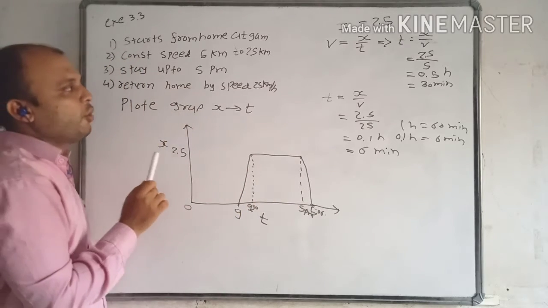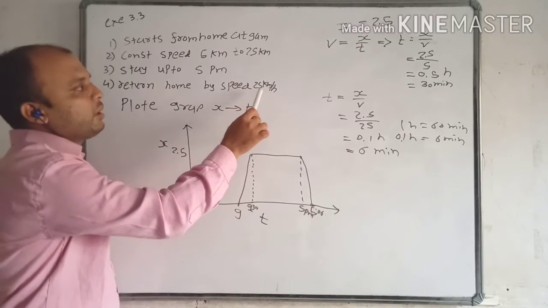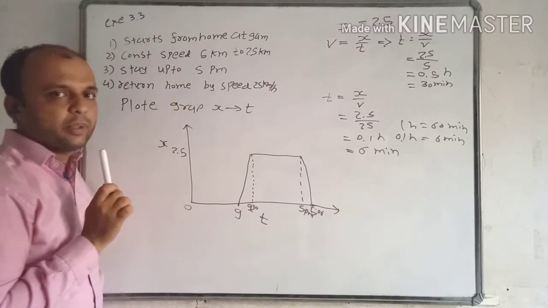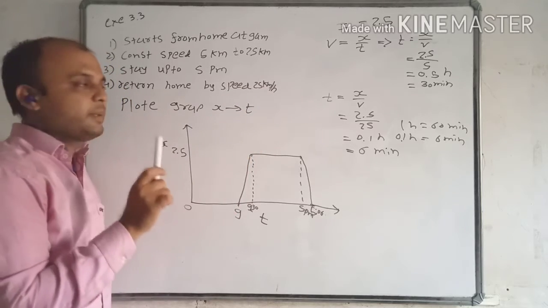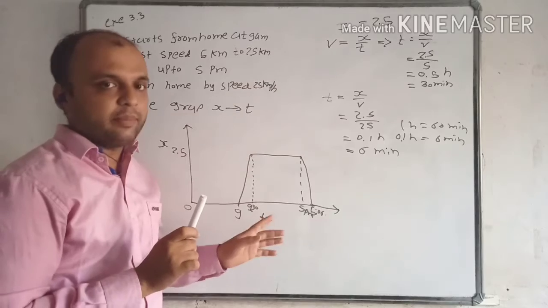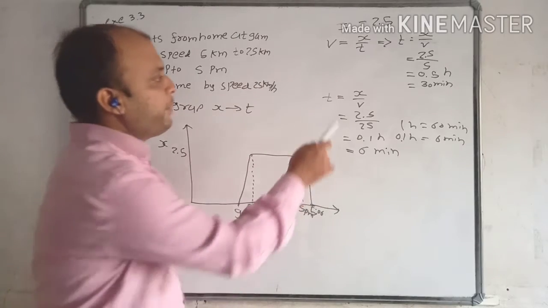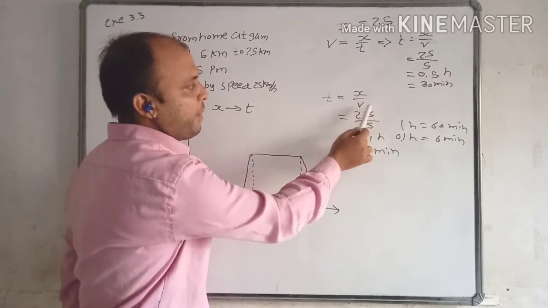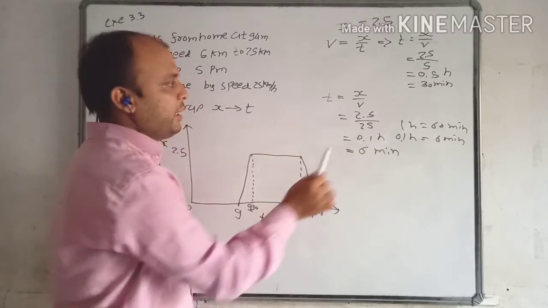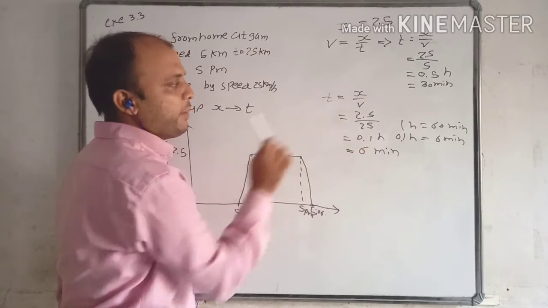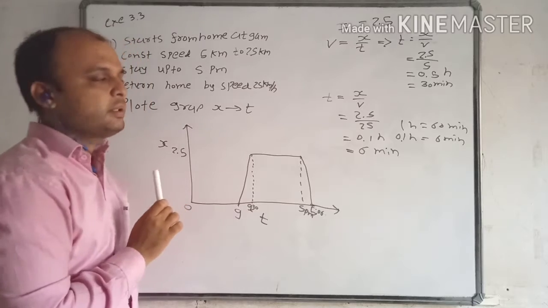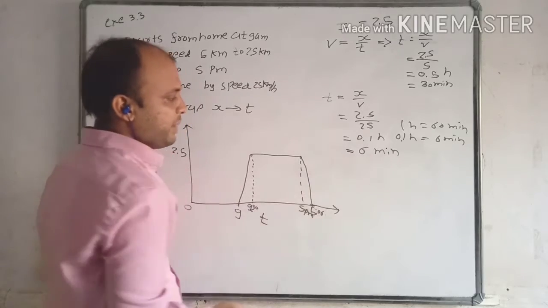After that, she returns home by auto at 25 km per hour speed, but the distance remains the same. So we find the time to reach home by x upon v. 2.5 divided by 25 is 0.1 hour, which equals 6 minutes.